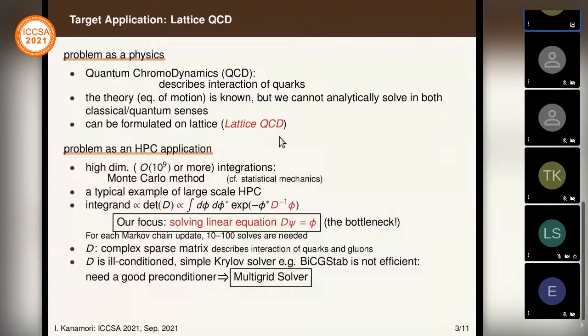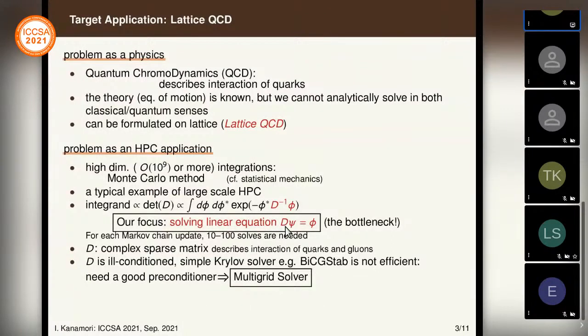And then the way of simulation is also, I would say, established. I will not explain the details of the general algorithms, but the most time-consuming part of the simulation is to solve a linear system, this linear equation. This D captures interactions between quarks, and this is a large sparse matrix.